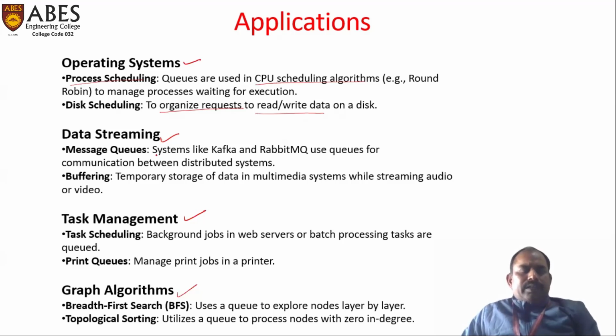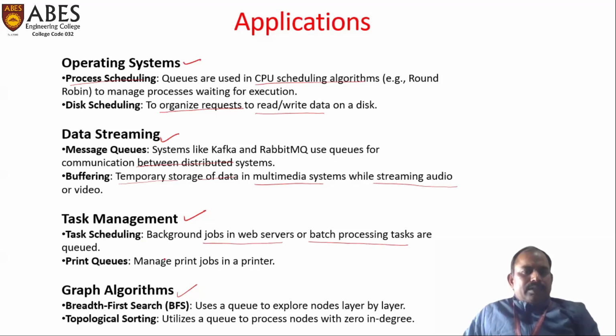Now in data streaming, message queues like Kafka and RabbitMQ use the queue data structure for communication between distributed systems. Similarly, buffering operations for temporary storage of data in multimedia systems use a queue data structure while streaming audio and video. In task management, like task scheduling, we use the queue data structure for background jobs of web servers, and batch processing tasks also use it.